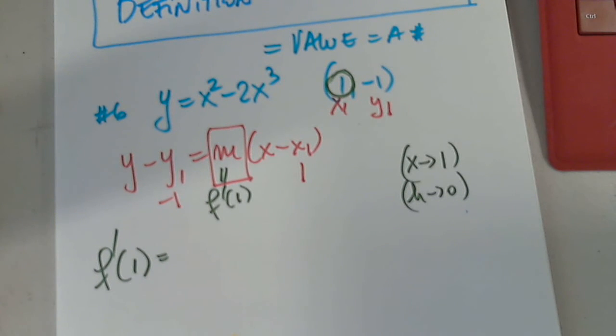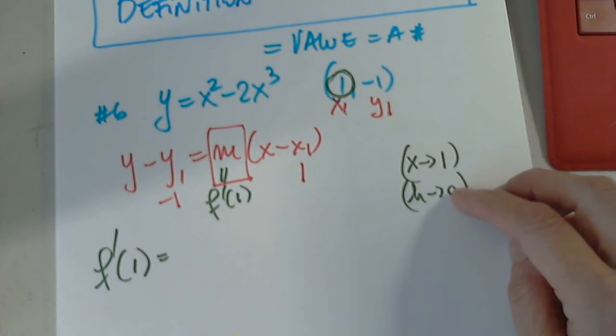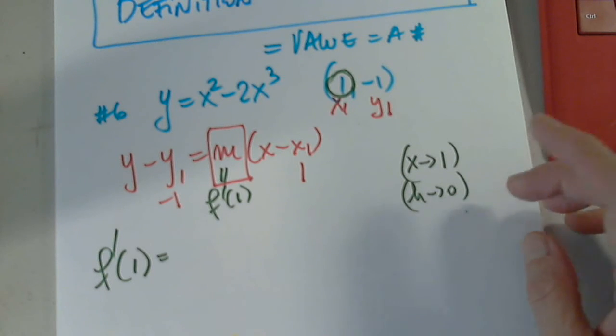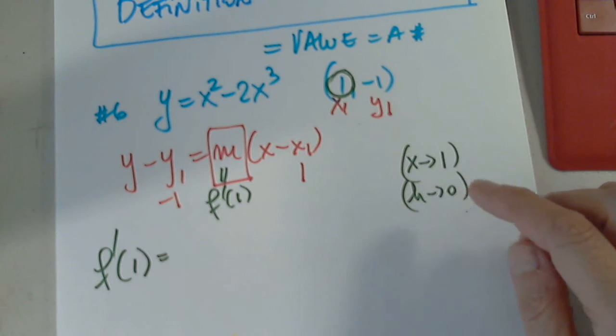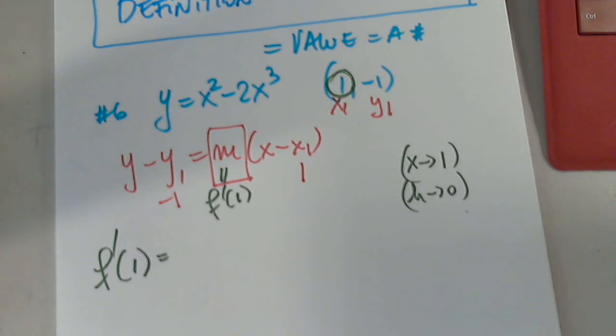I'm debating with myself. I don't have a recipe per se for a particular function, but sometimes one definition is easier than the other. So we have to make a decision. Which one would you like to try? When x approaches 1 or when h approaches 0?